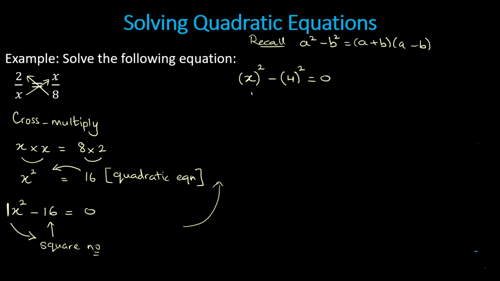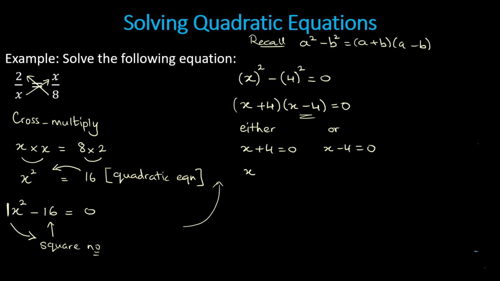So easily we can factorize this expression to give x plus 4 times x minus 4 equal to 0. Then the next step is simply to equate the first factor and the second factor to 0. So we say either the first factor, which is x plus 4, is 0, or the second factor, which is x minus 4, is 0.